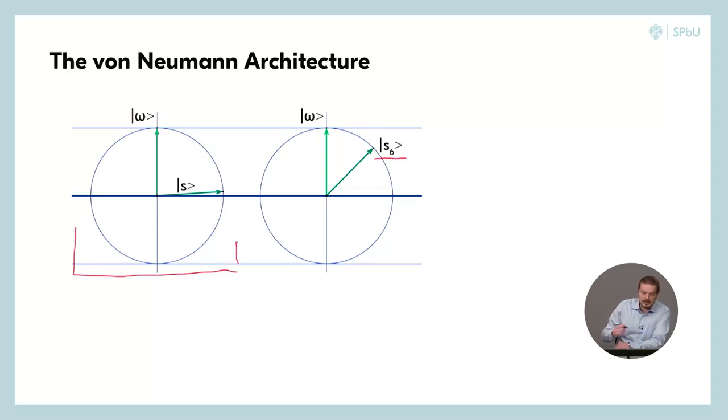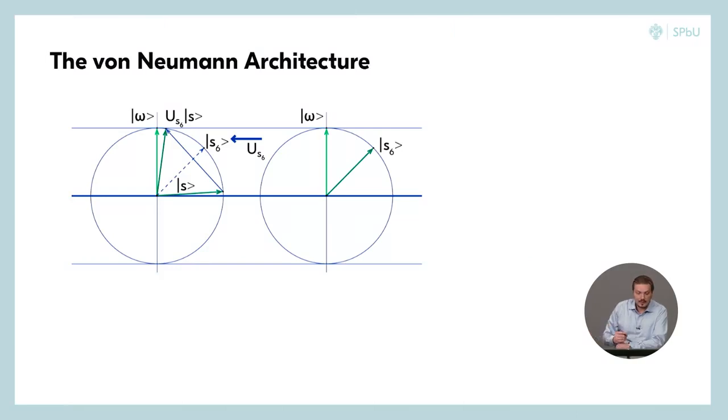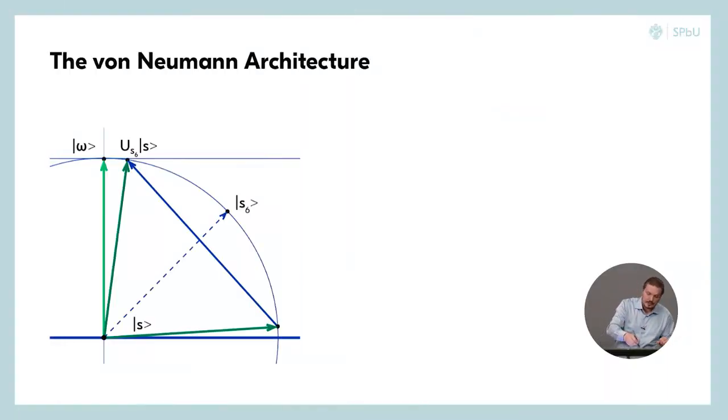And the thing we desire now is to use this vector from the right system here as an operator in this system here, like this. So if we use this vector S6 as an operator, we can reflect the vector S over it and get very close, here's again the angle theta, to the state omega.